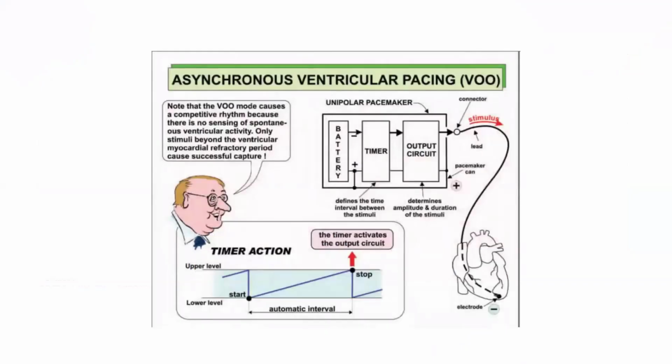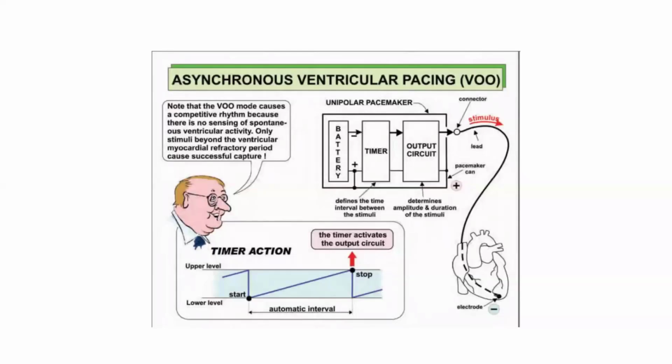We start with the simplest programming of all, when I give the pacemaker the function of VOO. Let's review VOO, meaning I am pacing the ventricle, I am not sensing, and because I'm not sensing, there is no response. So I have OO in the second and third place. V is I am just pacing the ventricle. This simple pacemaker has one function and one function only.